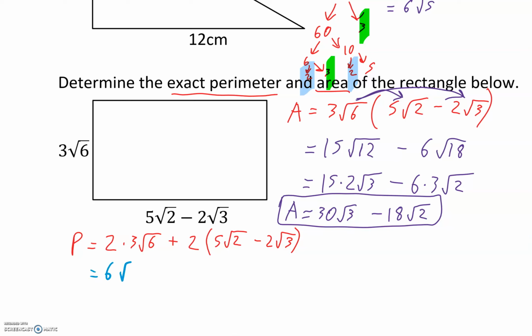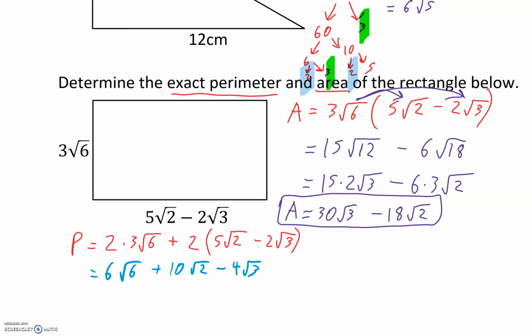So 6 root 6 plus 10 root 2 minus 4 root 3. And at this point, there is nothing we can really do to simplify any further.